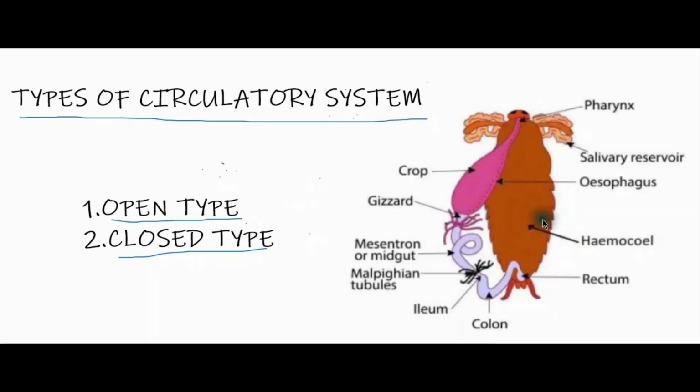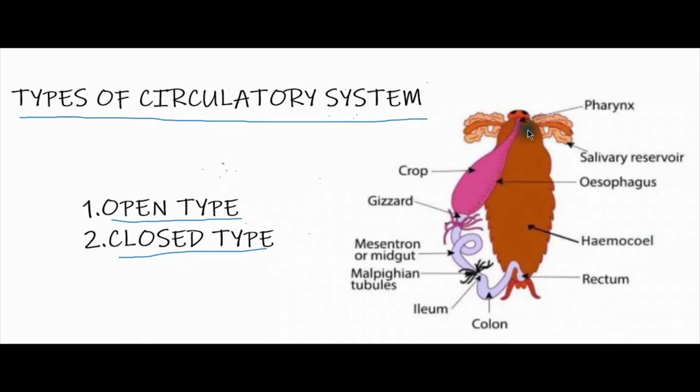Now you see in this diagram, this is the cockroach diagram. In this area, the blood vessels open into the sinuses. Sinuses means a body cavity. That body cavity is known as hemocoel. So in the open type of circulatory system, blood is pumped by the heart into the blood vessels.